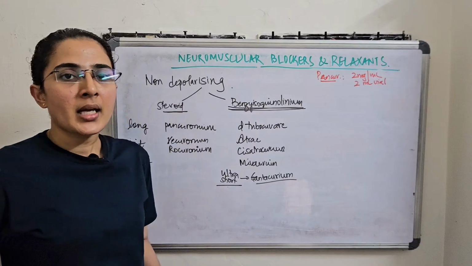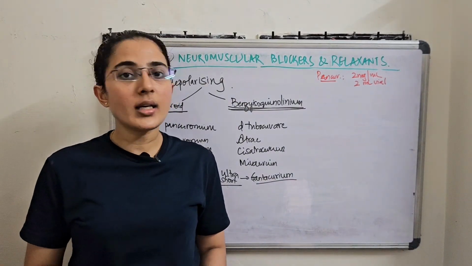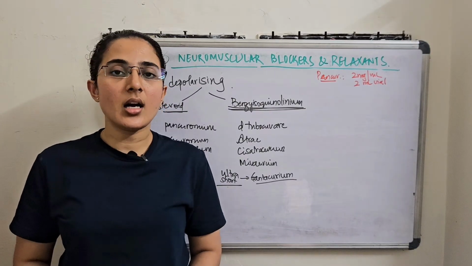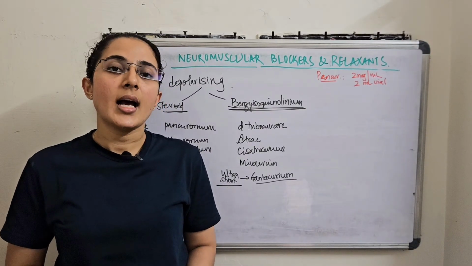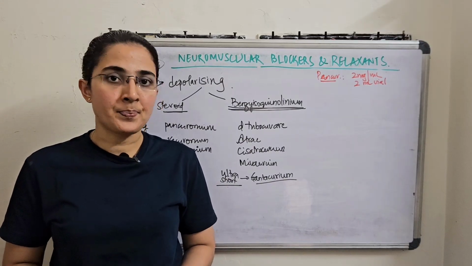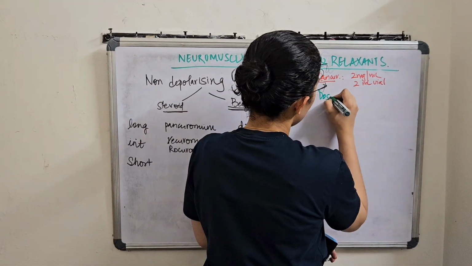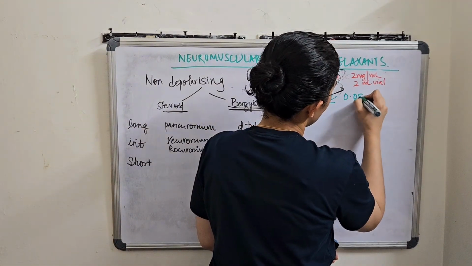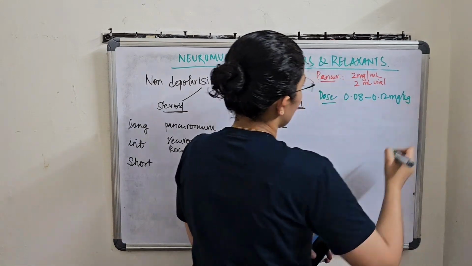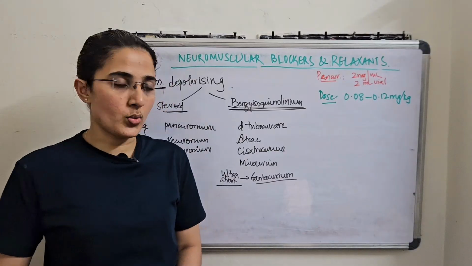It's often associated with an increase in heart rate and a vagolytic effect, as well as a sympathomimetic effect causing increase in blood pressure. The intubating dose is 0.08 to 0.12 milligram per kg body weight.